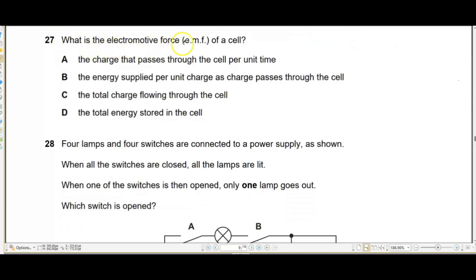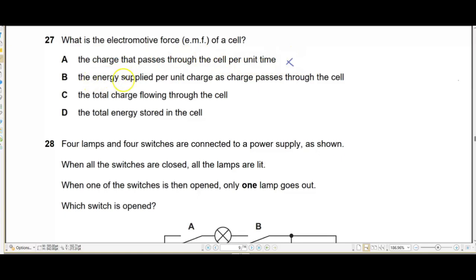Question number 27. What is the electromotive force of a cell? Okay, EMF of a cell basically, as you can see, the formula for EMF is VI, that is voltage into current. So it is basically the energy supplied per unit charge as the charge passes through the cell. The charge that passes through the cell per unit time is not correct.